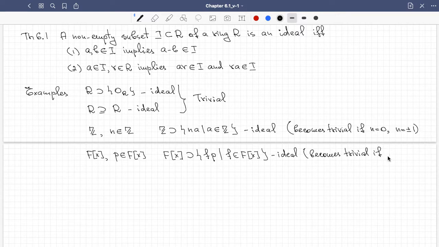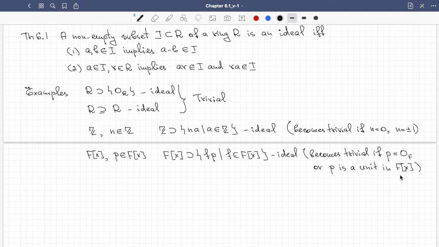if p is 0 in F, which is the same thing as 0 in the ring, or p is a unit, meaning a non-zero element of F. As you remember, these are the units of this ring.